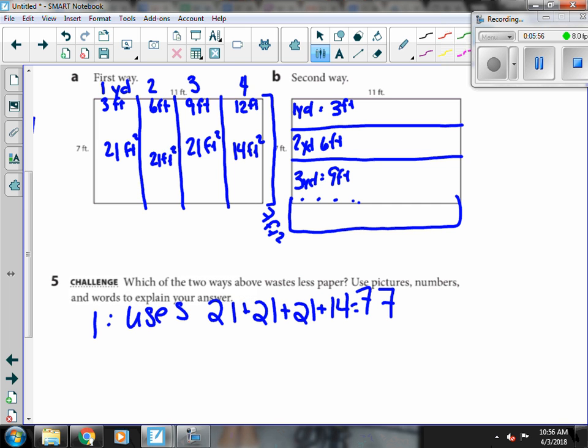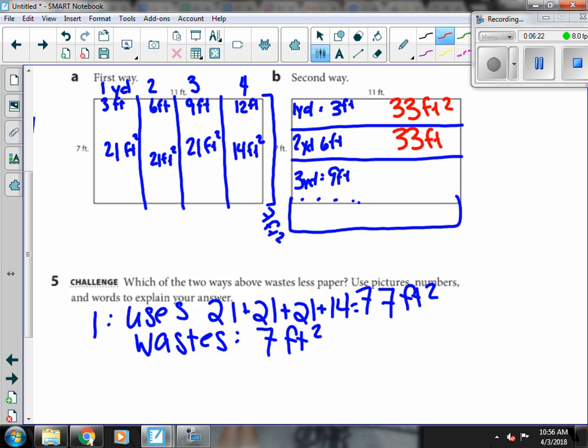So it uses 77 square feet, and it wastes 7 square feet.